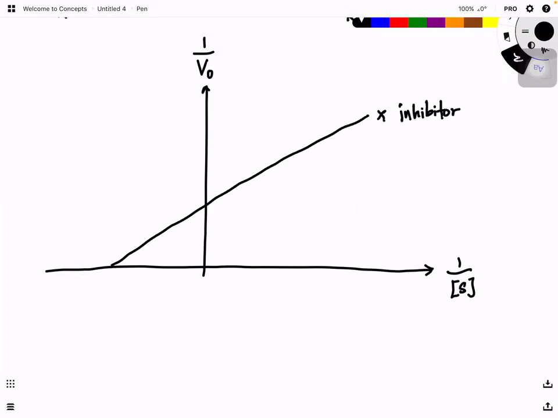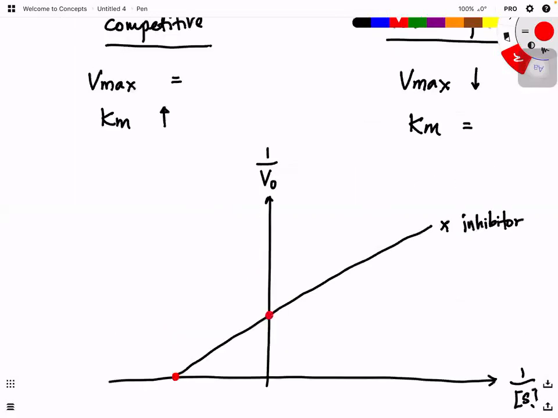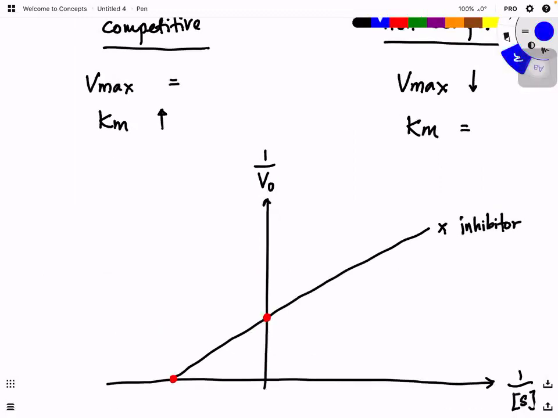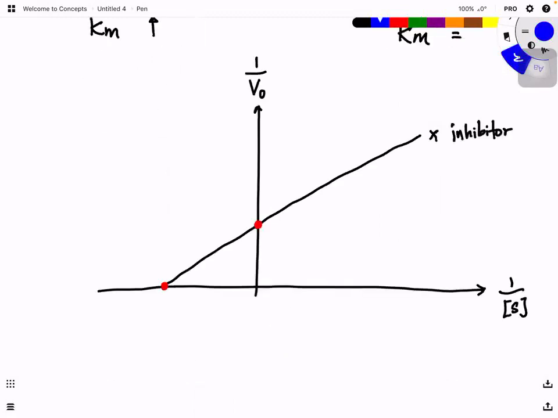These two particular points are very important because one represents 1 over Vmax here, and this is negative 1 over Km. Now look at this. We start with the simple one first, the competitive inhibitor. Because of the competitive inhibitor, Vmax remains the same. So it means that 1 over Vmax still remains the same. So it will be here.